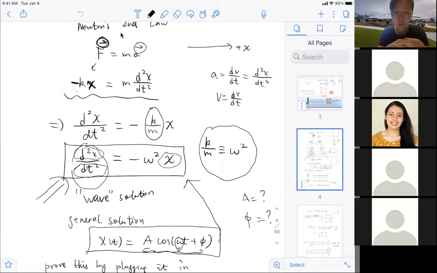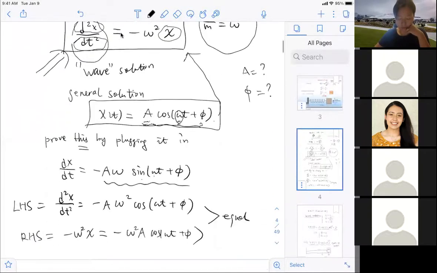We solved the equations of motion by setting up Newton's second law. We know that the force is proportional to displacement using Hooke's law, and we know that acceleration can be written using the second derivative of the position with respect to time. So we got a differential equation, we found a solution, and we figured out the constants by using the initial conditions we have.